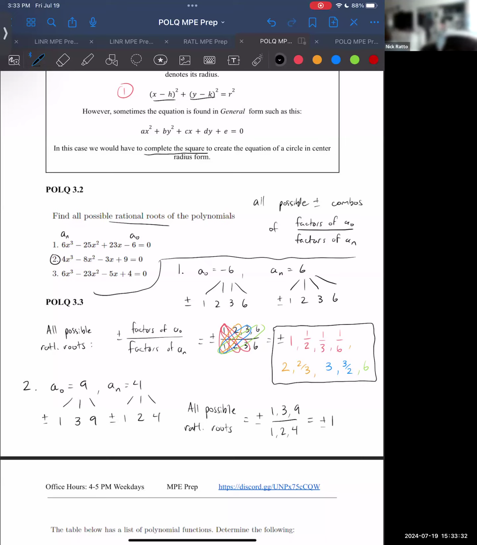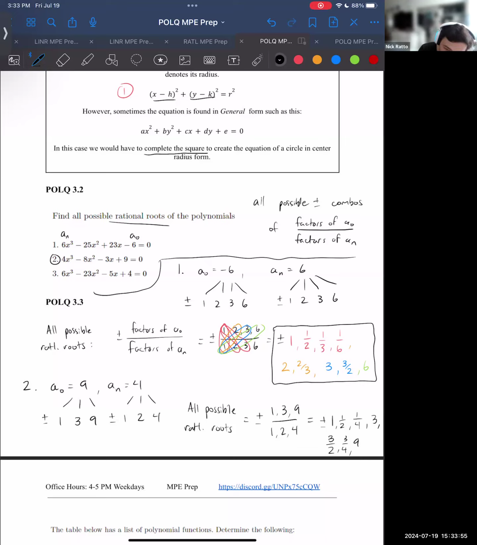So I'm going to start with 1/1 gives us 1. 1/2 gives us 1/2. 1/4 gives us 1/4. Then 3/1 gives us 3. 3/2 gives us 3/2. 3/4 gives us 3/4.